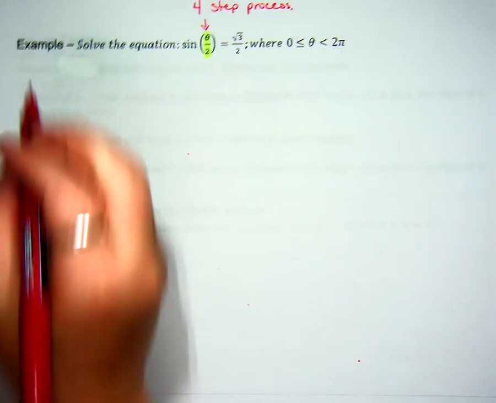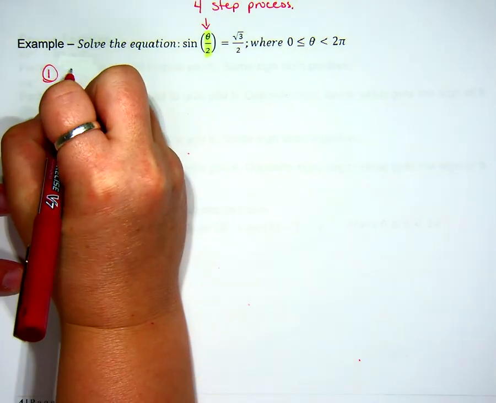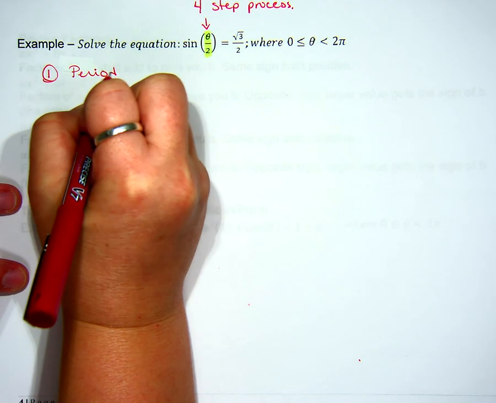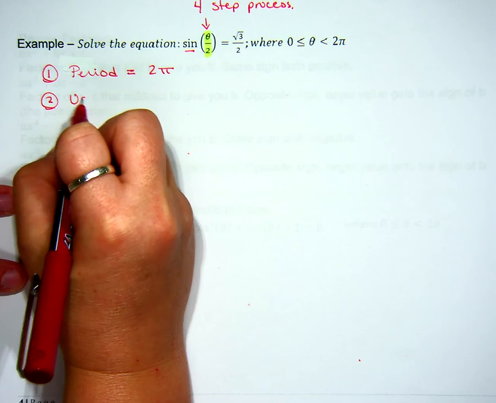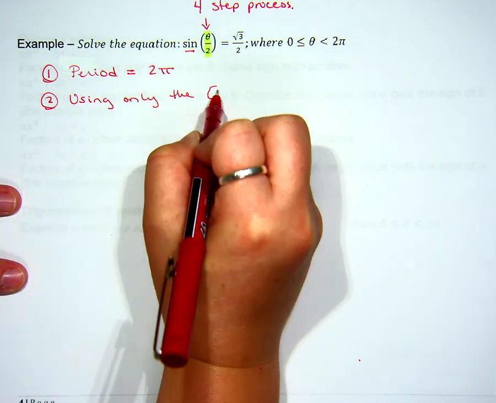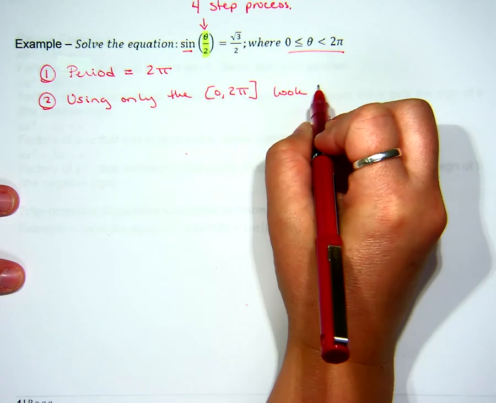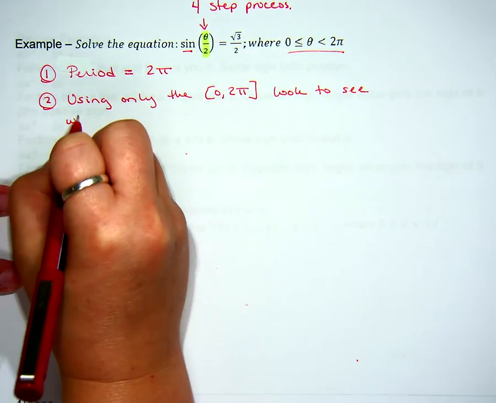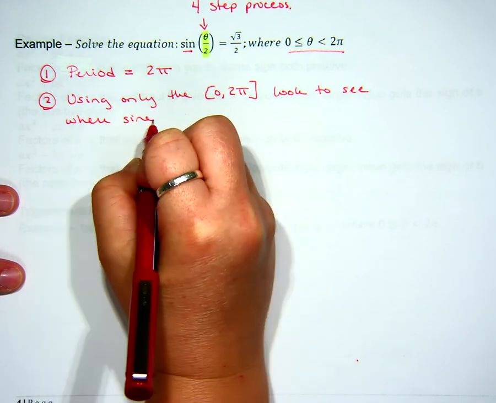Alright, step 1. What is the period? The period of the sine function is 2 pi. Step 2. Using only the interval 0 to 2 pi, look to see where sine is square root of 3 over 2.